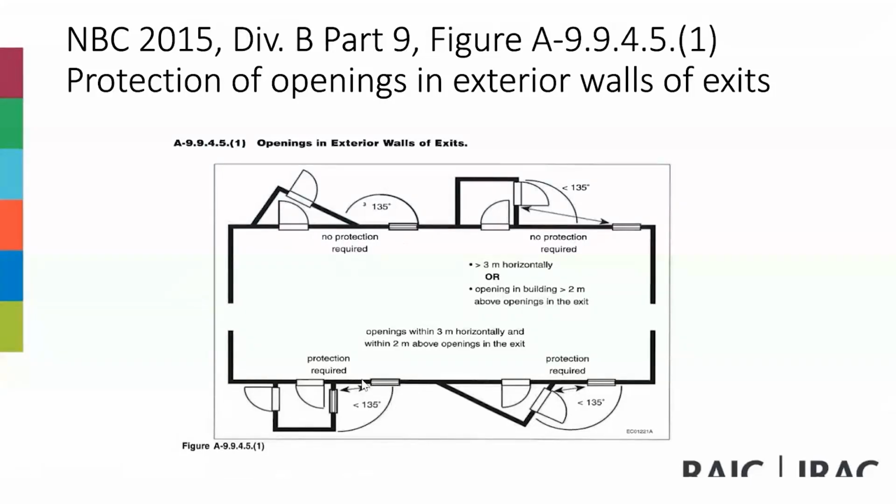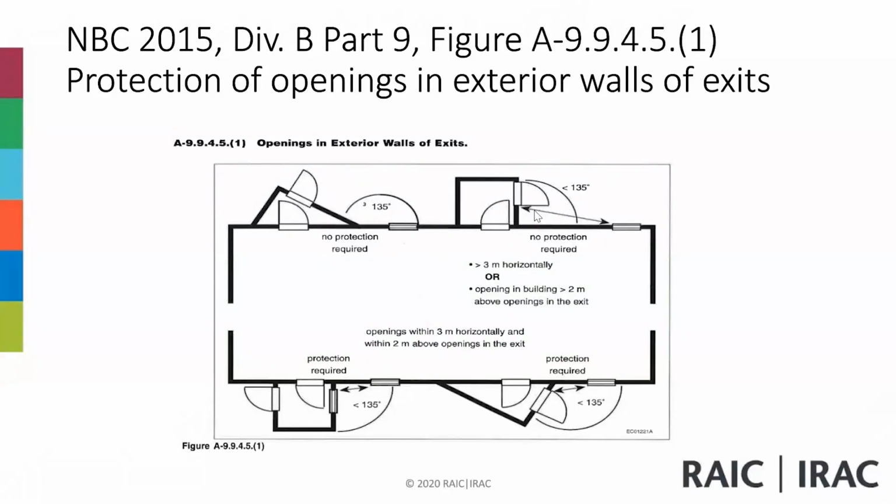All right, so what we'll see here is you need to protect your exit, even though you're going out of your building. Here you're more than 3 meters away and there's more than 135 degrees between the two walls, so you don't worry about protecting your exit.